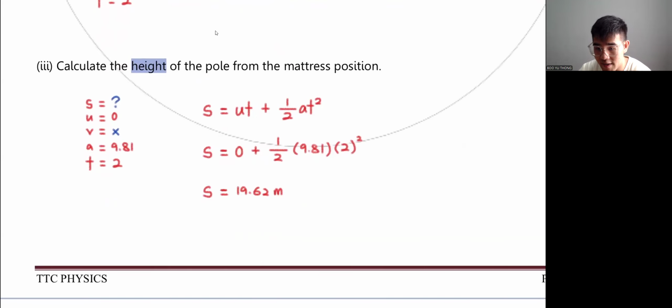This one is the height of the athlete falling down from the highest point at the pole to the mattress. 19.62 meter also. But 19.62 meter is a bit unrealistic. If you convert it into floors, it is 6.5 floors above. That means he's falling down from 6.5 floors.